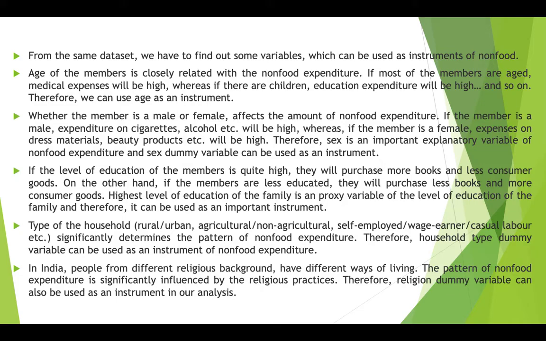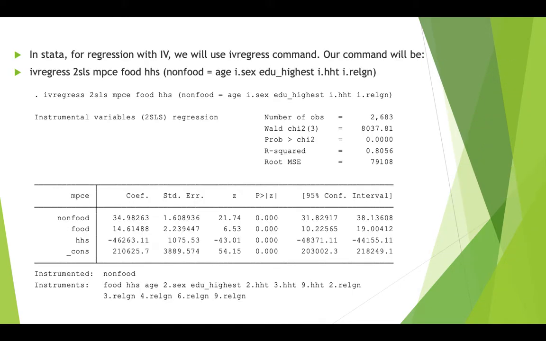And, without going back to the data set again and again, all these variables are already in our data set. We can only choose those instruments which are in our data set, otherwise we cannot use them. So, in STATA, the regression command will be ivregress and not only regress. If we use the regress command, it will be OLS regression, and if we use the ivregress command, it will be the instrumental variable regression.